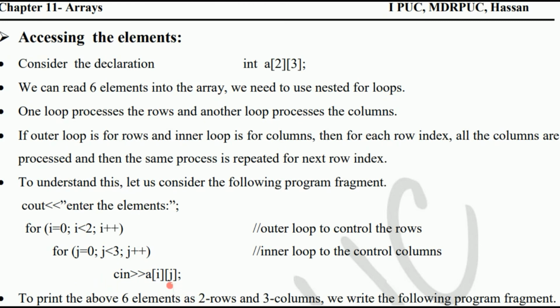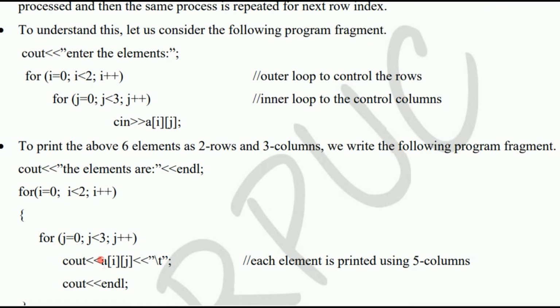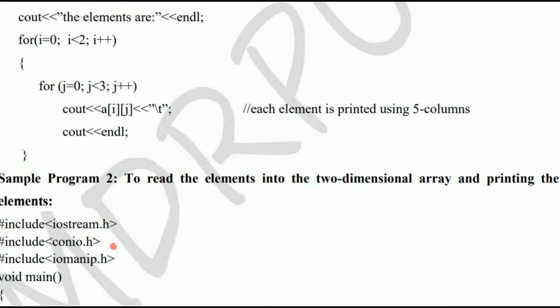Then A of 0, 1, then A of 0, 2, and then again it will go back, it will take I as 1, again it starts j from 0, then 1, 0, 1, 1, 1, 2. The inner for loop is repeated first and then the outer for loop. We can print in the same type of method, but we will use cout.